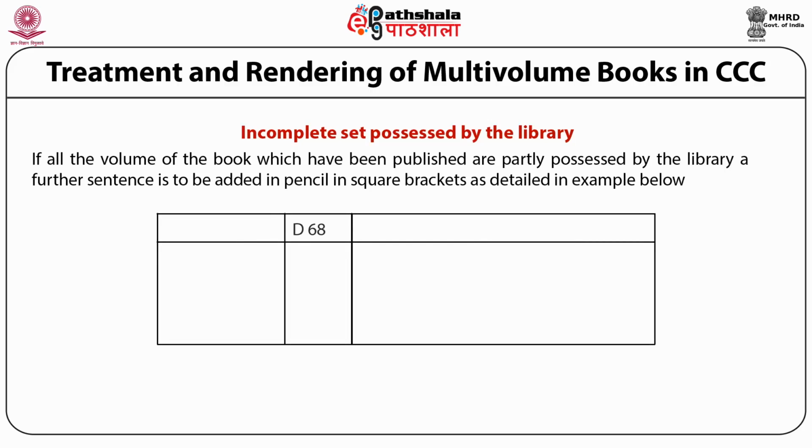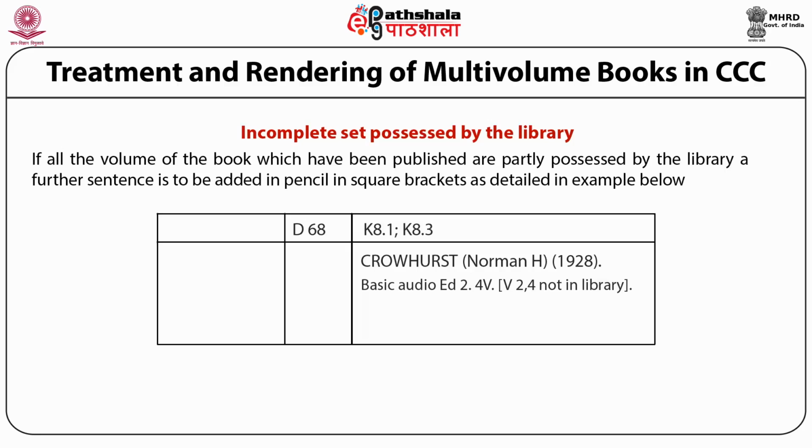In this main entry, D68 is the class number, K8.1 semicolon K8.3 is the book number. Author section, heading section is given as per basic rules. In third section, title section, title of the book is given, edition statement is given, volume statement is given, but out of the 4 volumes, B2 and B4 is not in library, hence it is notated in square brackets as shown in the entry, and this information will be given in pencil.